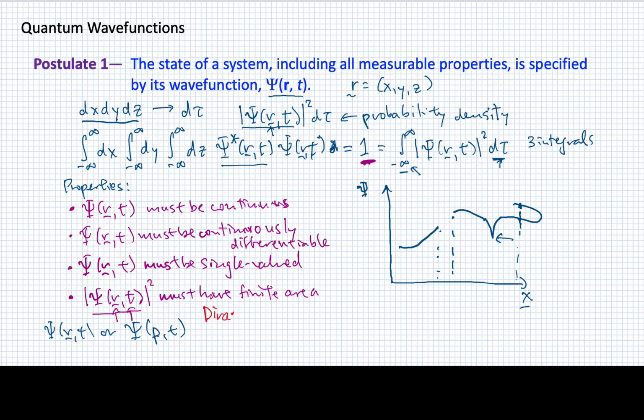It's due to a famous physicist named Paul Dirac, who lived into the 1980s, I believe. But Dirac notation would express this wave function in the following way. It would write a special kind of symbol around the wave function, which is called a bracket. This then is something that we would associate with this wave function psi of r and t. Okay, so this notation gives us a little bit simpler way to specify a wave function without necessarily having to give all the coordinates that it goes with it.